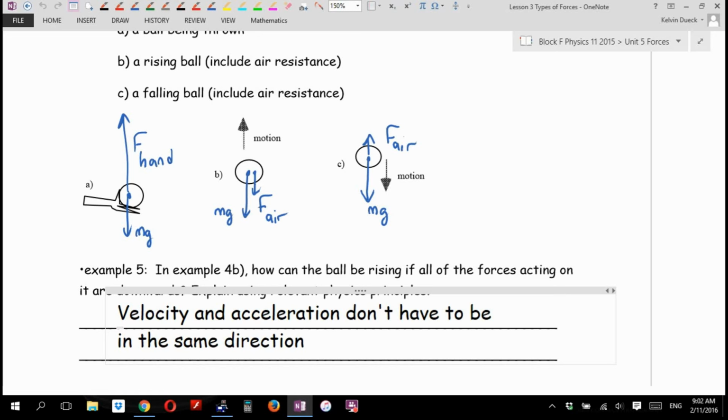Which way is ball B traveling? Which direction is its velocity? I'm looking for a word that begins with the letter U. Which way is it accelerating? Down. And eventually it will end up with a velocity that's moving down too. Part C. Eventually. But it doesn't have to be that way. It doesn't have to start that way. Is that okay?